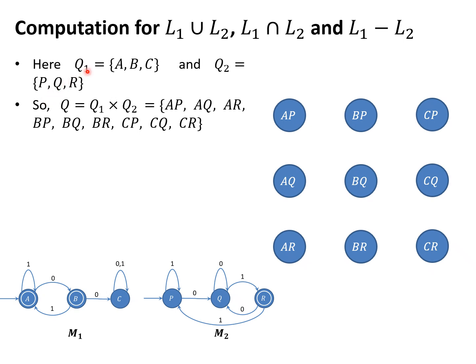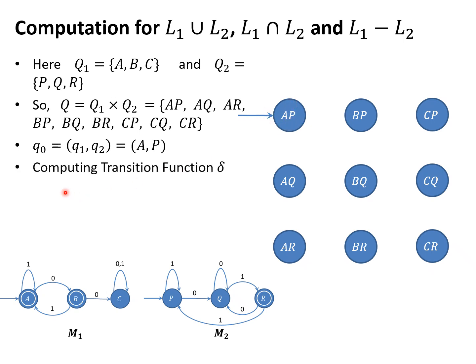Then the initial state of machine 1 is A, and the initial state of M2 is P. So we call the initial state AP. For this you have to find the transition of AP on 0 and 1. Delta of AP on 0 we can write as delta of A comma 0 and delta of P comma 0.